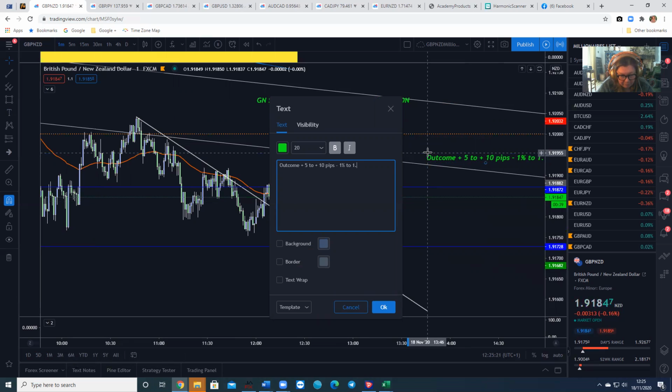Because it's a 15 pip stop loss on this, but got out at stop profit of +1 pip, so no harm done.